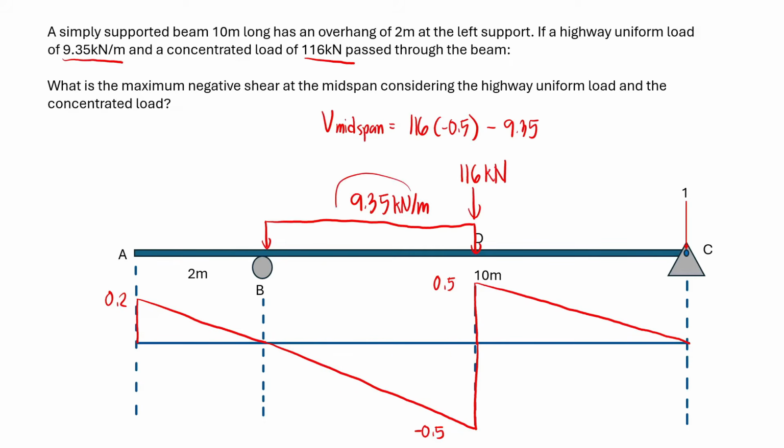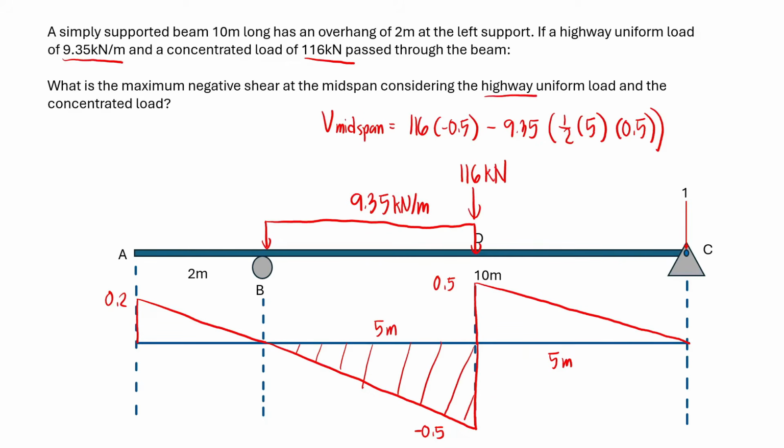So we have minus 9.35 times 1/2 times the base, which is 5 meters, and also this one, so 1/2 times 5, and then multiplied by the height, which is 0.5. We can now solve the maximum negative shear at the midspan, considering the highway lane load and the concentrated load. This is minus because it is below the 0 line, and all the ordinates are negative. This gives us minus 69.6875, and our unit is kN. So this is our answer.